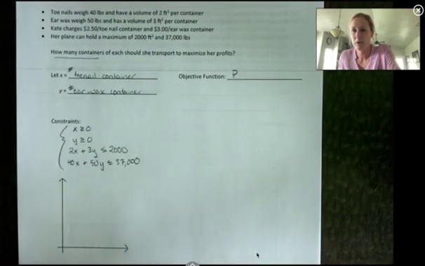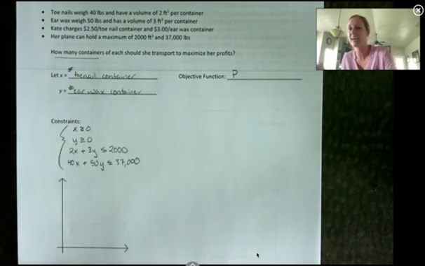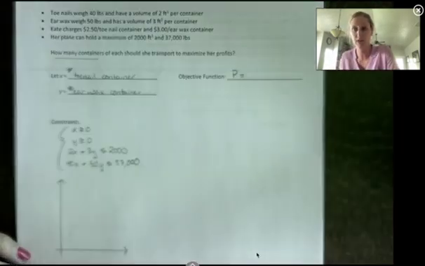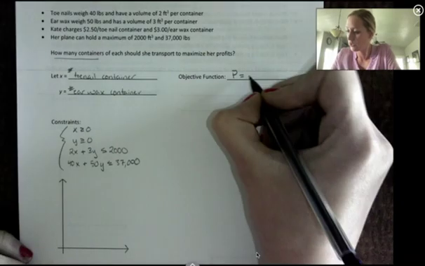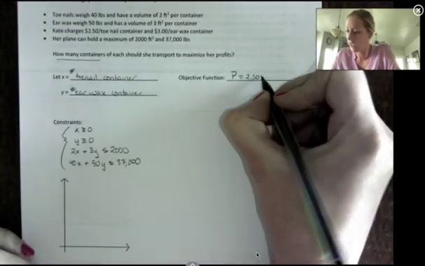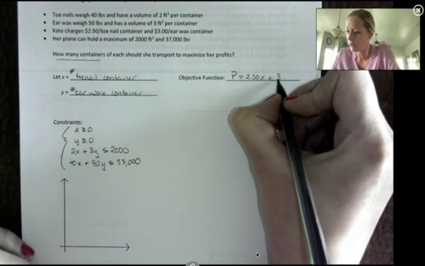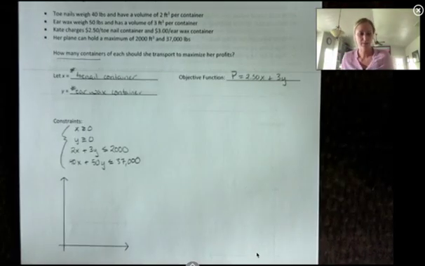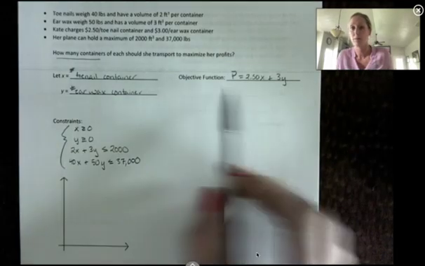This is where we're going to use the cost. We want to know what x and y values must be to fit the constraints and maximize the profit. So this is where I'm going to use x and y, and the cost for each. It was $2.50 per toenail container and $3 for the earwax container. So that is our objective function.